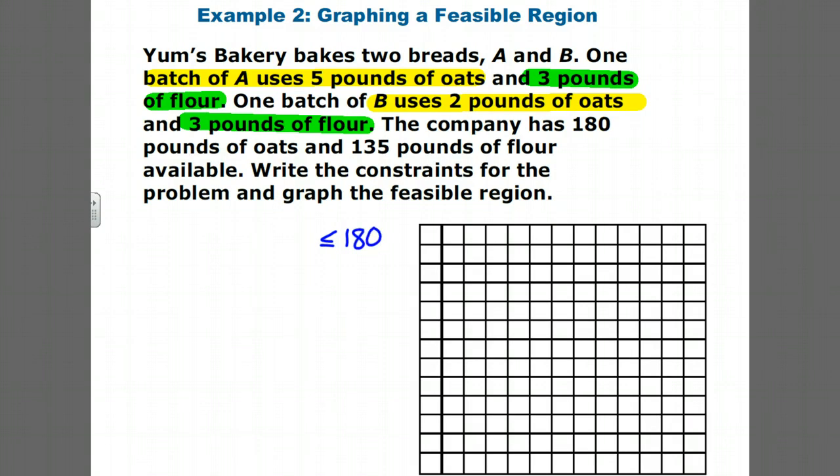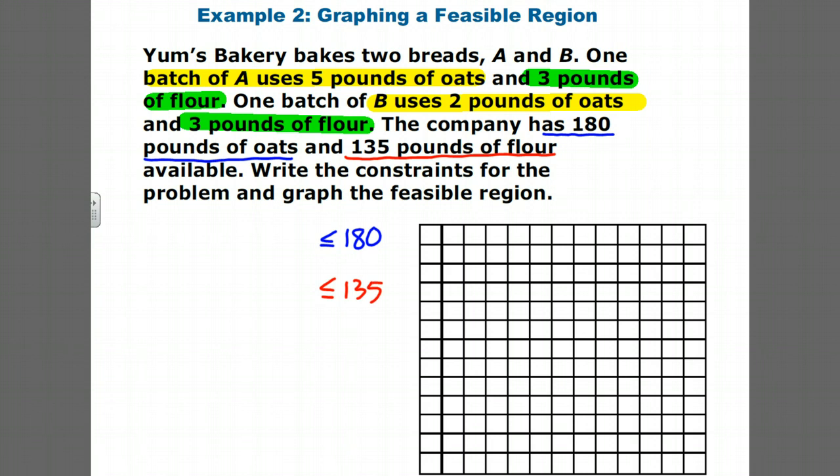That would be the oats equation, because they have 180 pounds of oats to work with. And they have 135 pounds of flour, so the amount of flour they use has to be less than or equal to 135 as well.